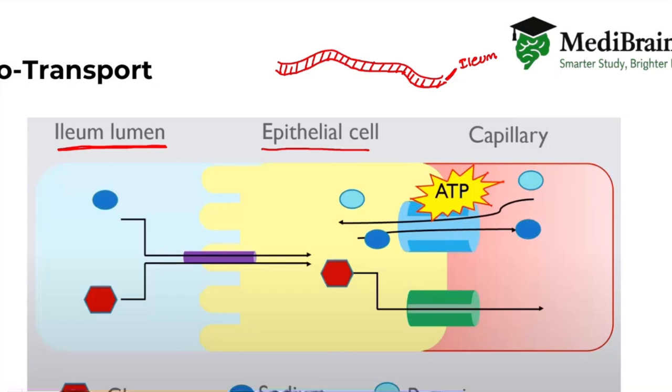And then the outer layer of the small intestine is your epithelial cells. On the outer layer over here, I've drawn them bigger, but basically the outer layer is made up of epithelial cells.